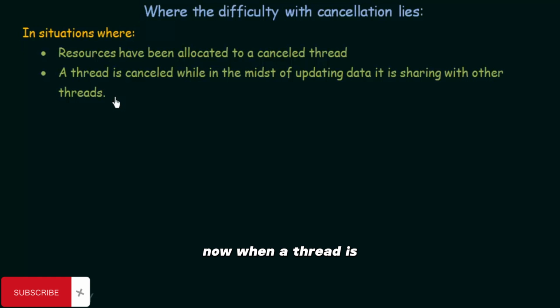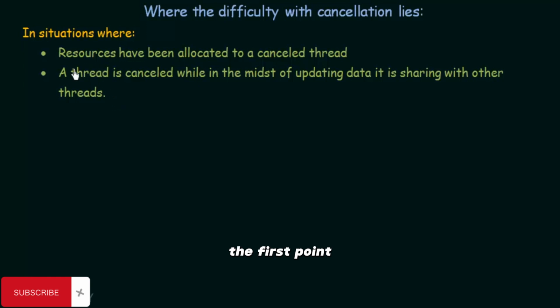Now when a thread is updating that shared data, if it gets canceled in the midst of that update, it could be a problem. Because when it is updating and gets canceled, that update was not complete, and it becomes incomplete data. And then when other threads are going to share that, they may be reading some incomplete data from there. So that is a situation where the difficulty of cancellation lies.